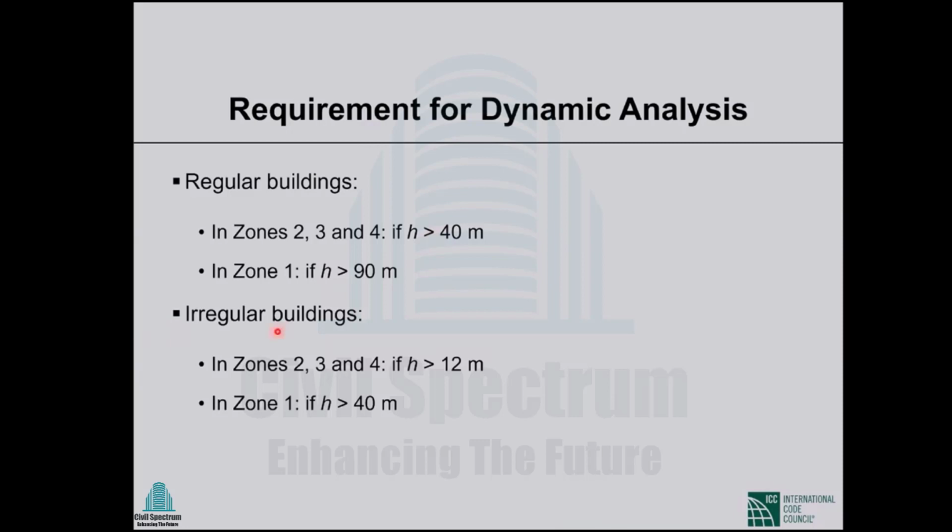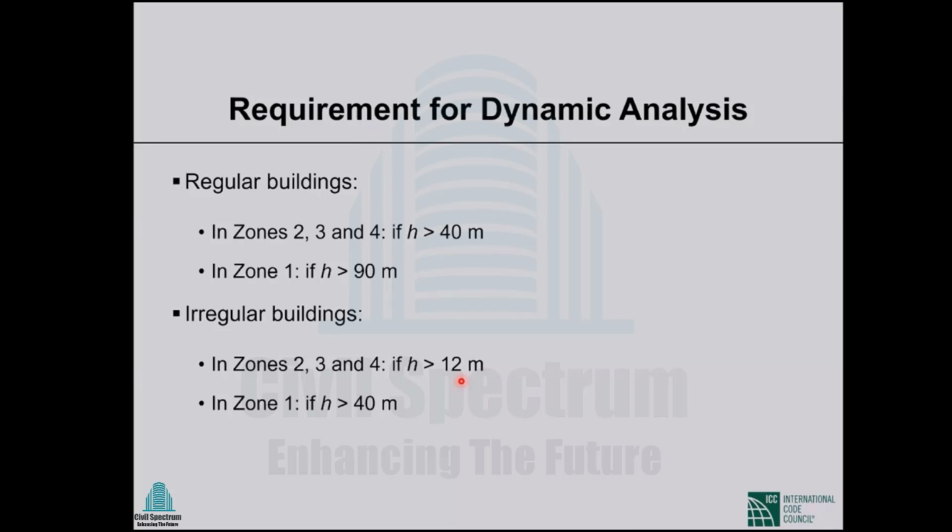But you see, for irregular buildings, this is so much stricter. In zones 2, 3, and 4, if the height is more than only 12 meters, like 4-story, can you imagine? You're going to design an apartment building. Usually in Dhaka, the apartment buildings are all 6-storied, 7-storied, and above.